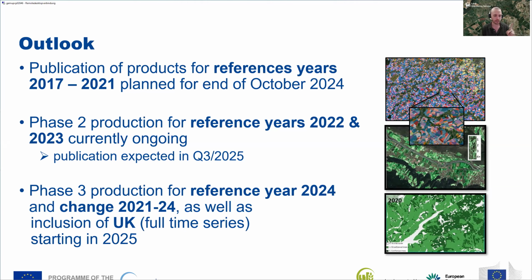I know there was a question already in the Q&A. Of course, the Q&A is soon, but to mention here, the inclusion of the UK, this is something that in the beginning of this year, the UK rejoined Horizon and Copernicus, and there's still some aspects to be settled there contractually, and the budgets and so on. But what we foresee is for this phase 3 to also catch up the UK.